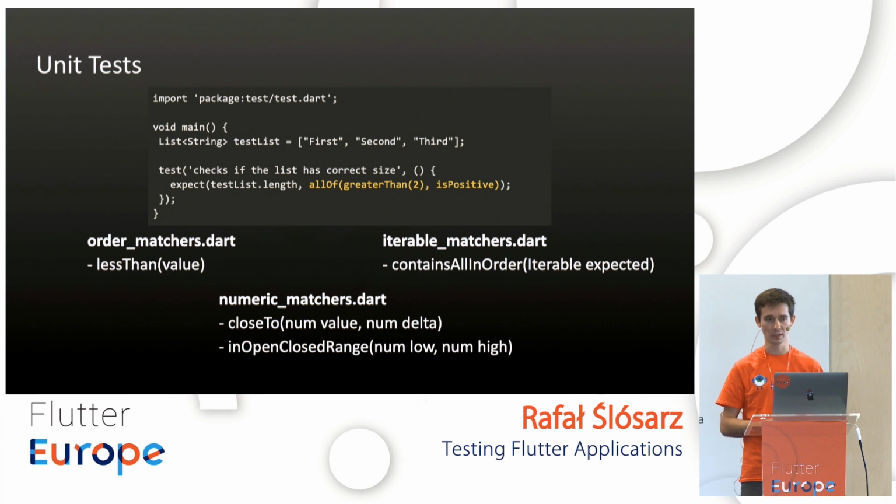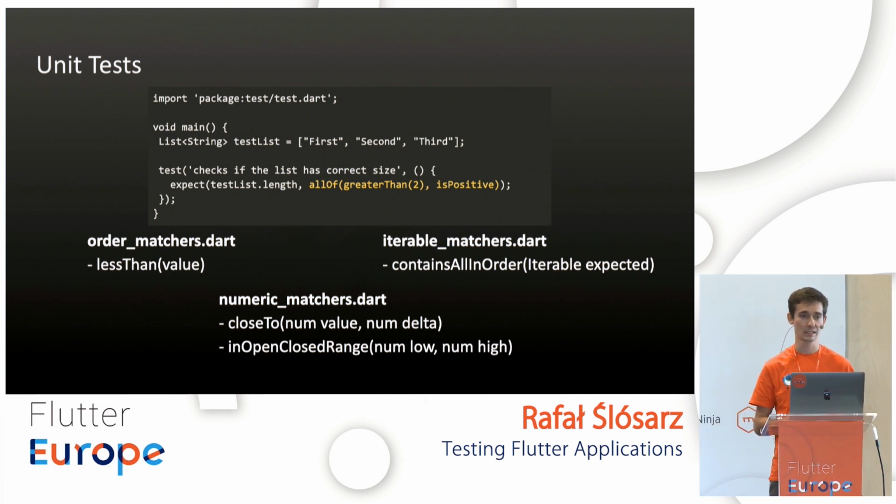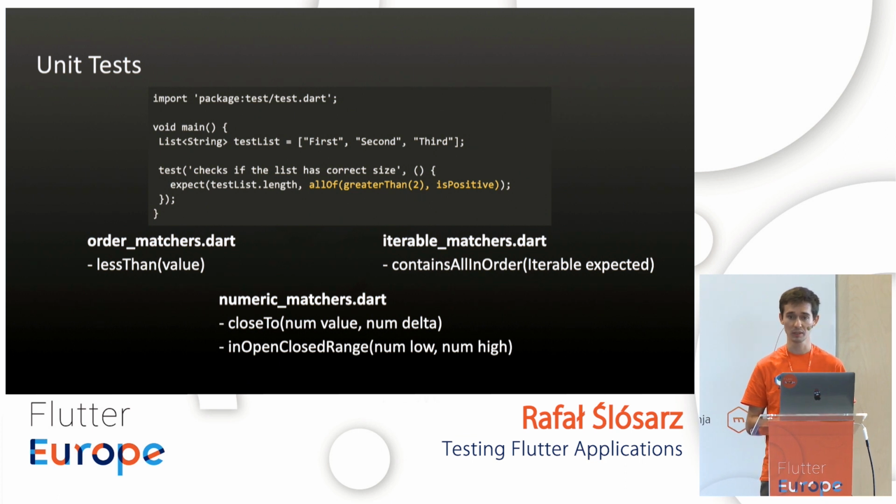Okay, so what I like most about testing in Flutter is matchers. Maybe that's simple, but basically the testing package provides us with a very nice and extended set of matchers.